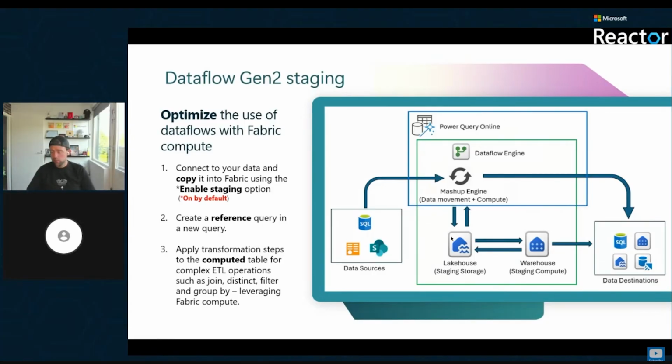The data pipeline Krishna was talking about earlier is the orchestration tool, and in there is a copy activity. This copy activity is a very high performance way of moving data from A to B. And we leverage that part of the pipeline to write the data directly to the lakehouse. So we delegate the responsibility of making the data available in Fabric, in the staging lakehouse, to the data pipeline. And then the dataflow engine takes it over and puts the other processing in place.